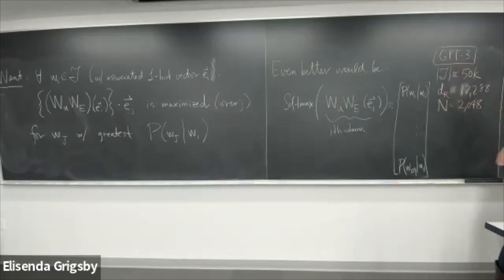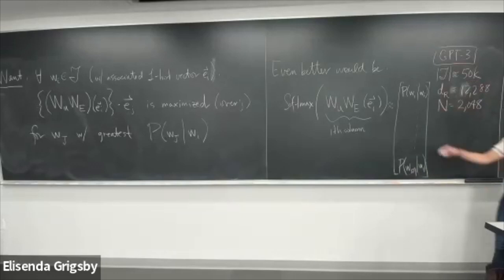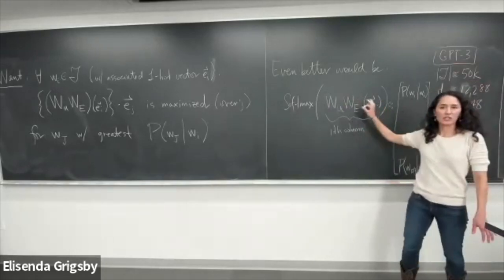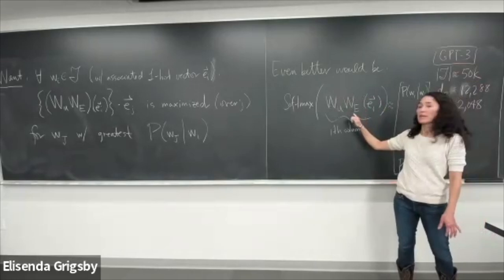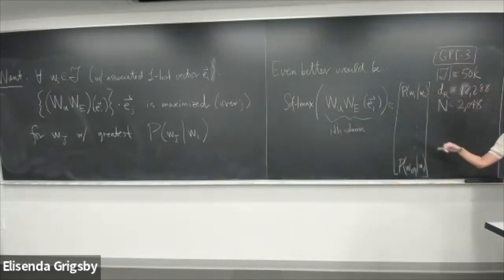So the columns of this matrix are the logits of this bigram probability distribution, or should be after training. That's the ideal behavior. So you're actually getting a lot of information from this embedding-unembedding matrix. It really should model these bigram statistics.